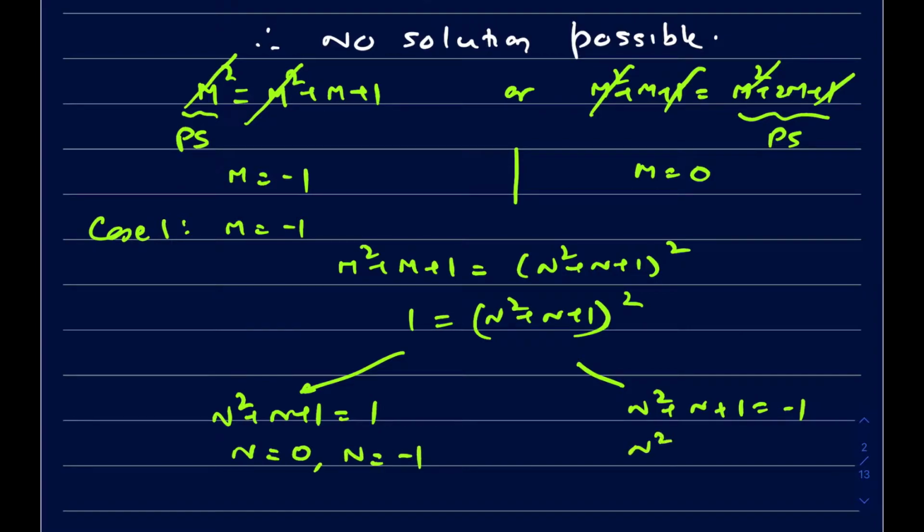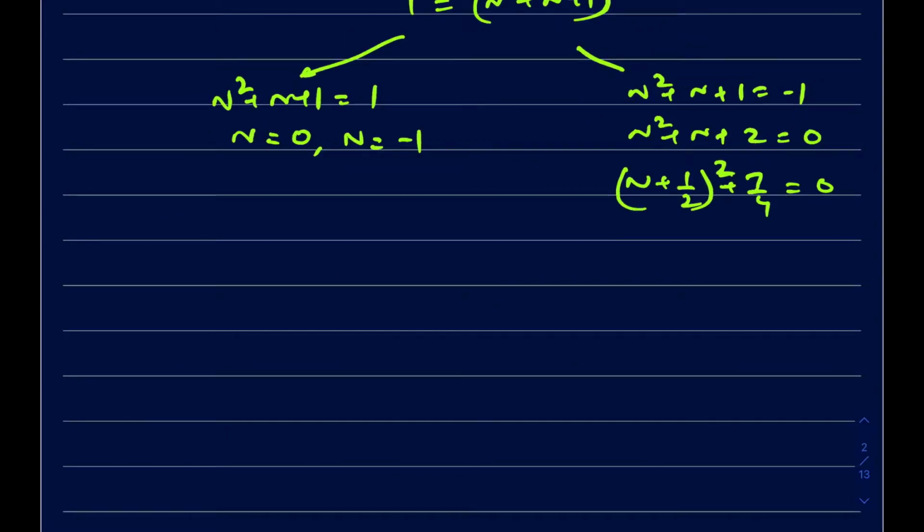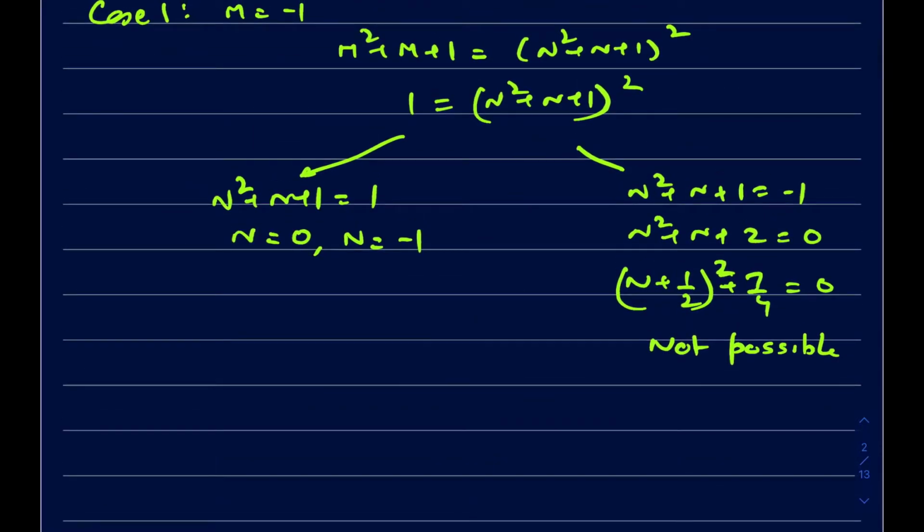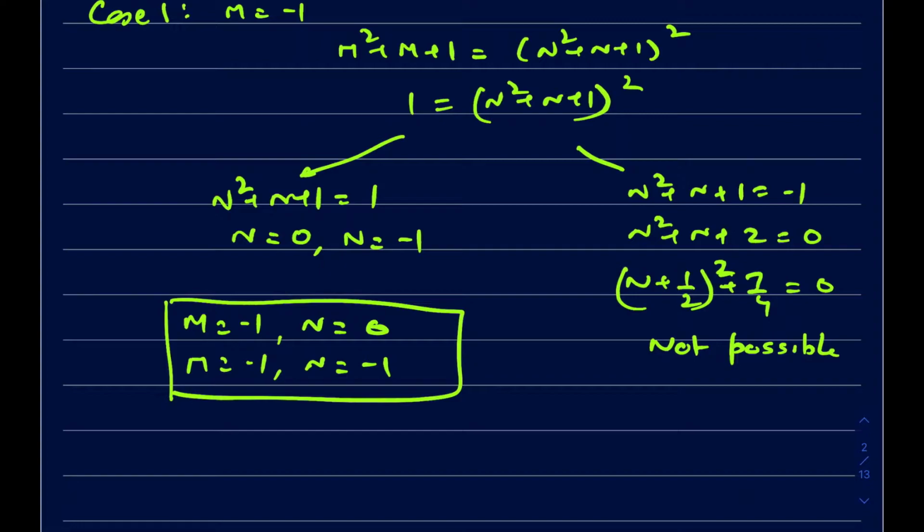Whereas here when we solve, we'll get n^2 + n + 2 equal to 0. If I convert it using the perfect square method, then I can write which for any integer is not possible. Therefore, the solution from this case is m equal to -1, n equal to 0, and m equal to -1, n equal to -1. These are the two possibilities.